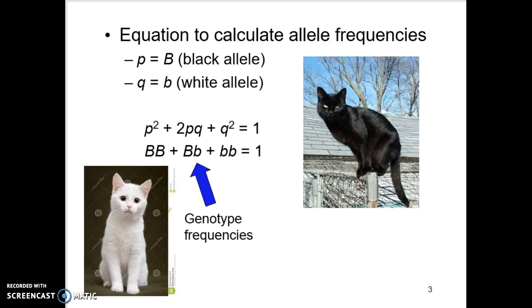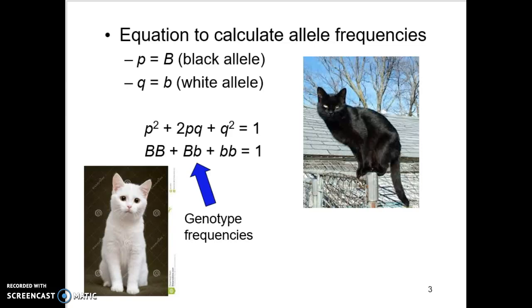So we use the letter P to represent the dominant allele and the letter Q to represent the recessive allele. So P squared means homozygous, big B, big B. 2PQ represents your heterozygous genotype, and Q squared represents the recessive cat, the little b recessive alleles.